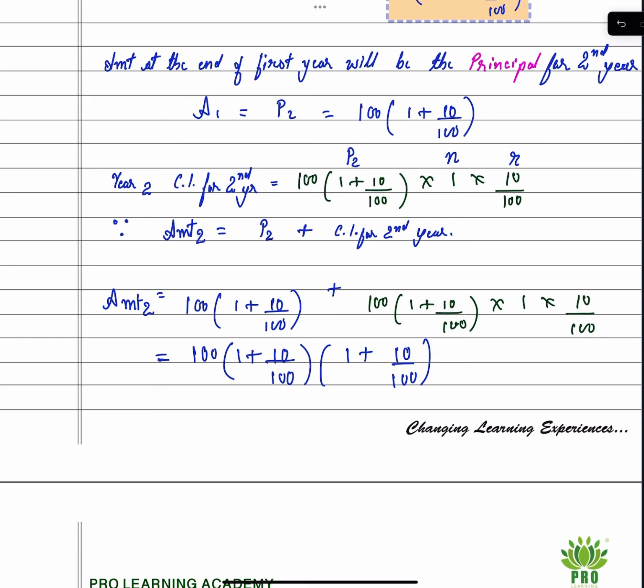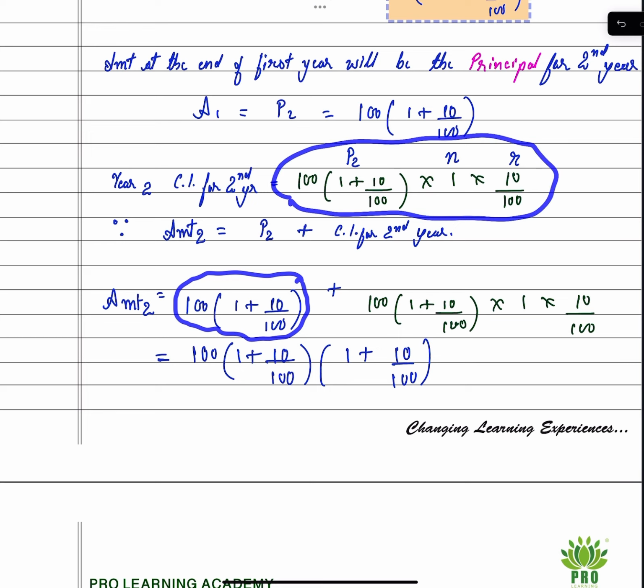At the end of the second year, my principal, which is P2, plus the interest earned in the second year, together will form my amount at the end of the second year. My P2 is very clear, that is 100 times 1 plus R over 100. The compound interest earned is this entire value, which can be picked up from here and placed here.